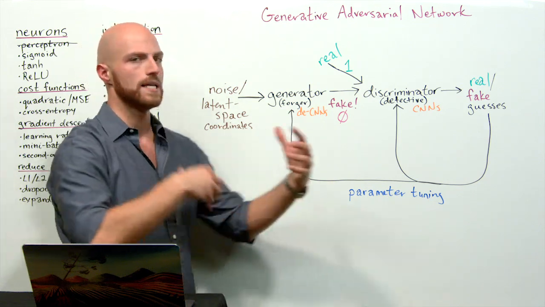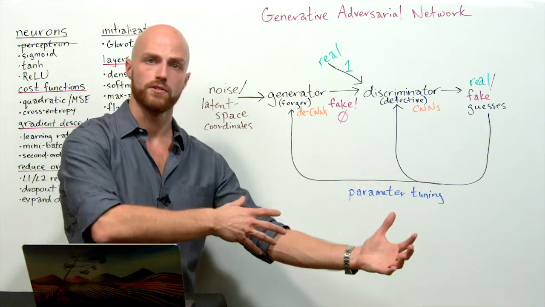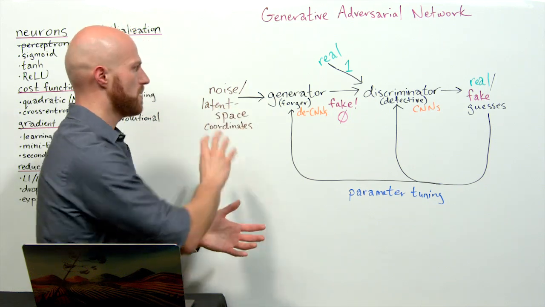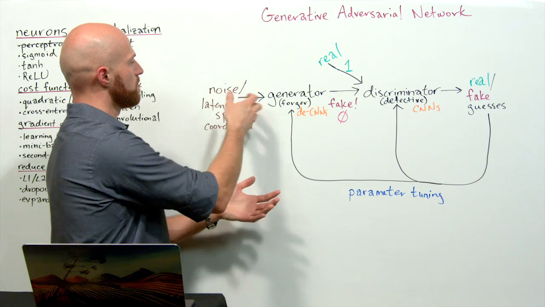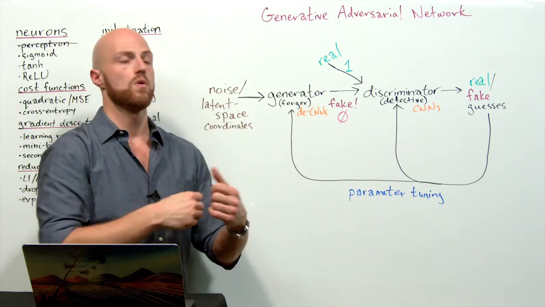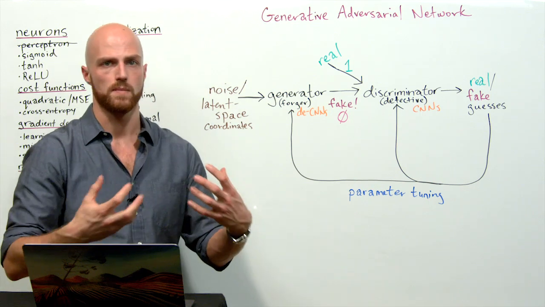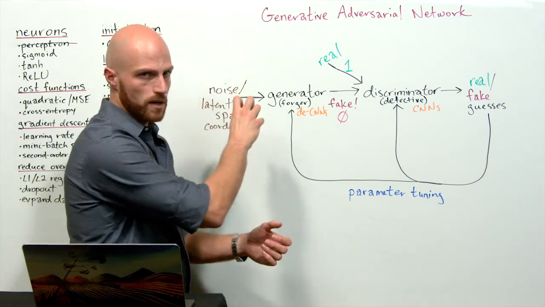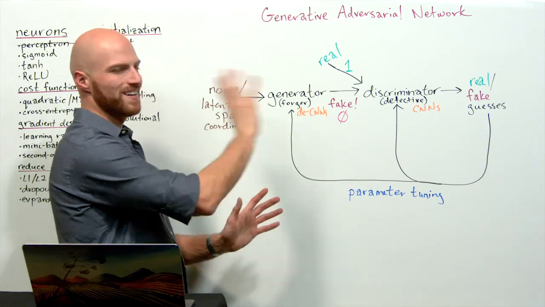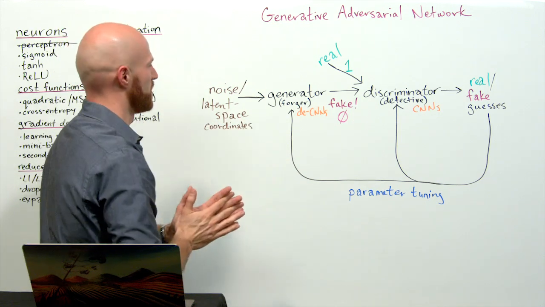You can do latent space arithmetic, like I showed you earlier in these live lessons, to come out with a specific coordinate that you want to specify for the generator. Or you can combine both. You can have a specific coordinate that you roughly want the generator to produce some output from, and then add noise to it. Anyway, that's for later on once you have your network well trained.